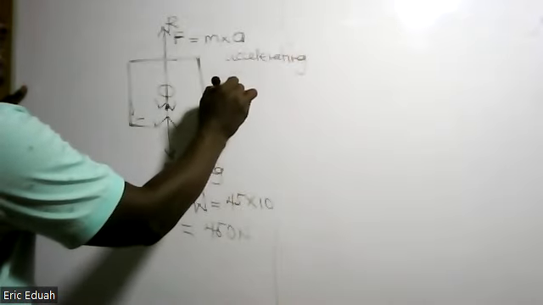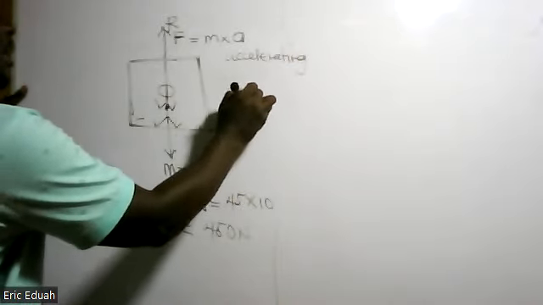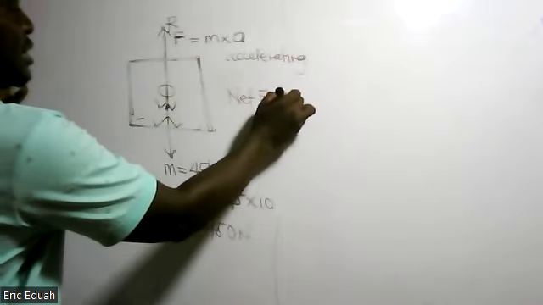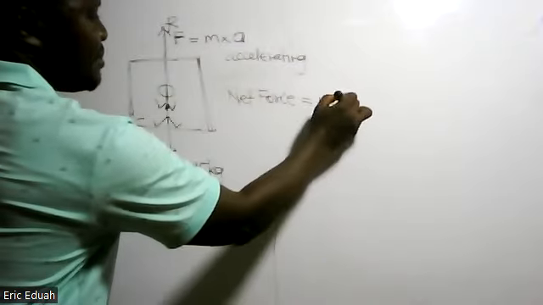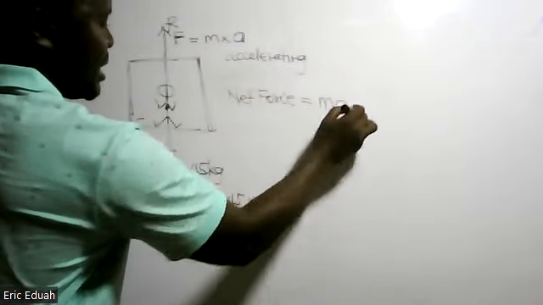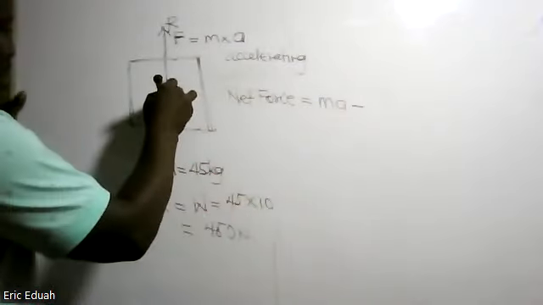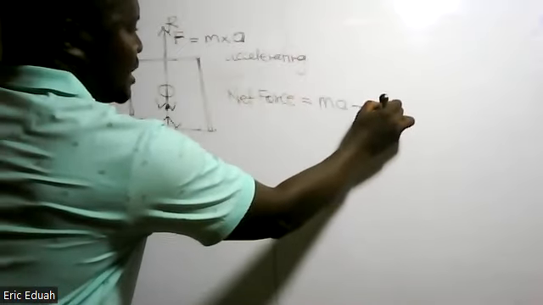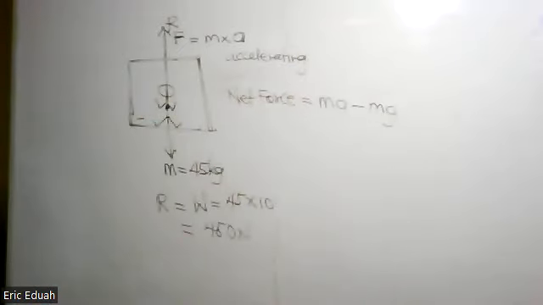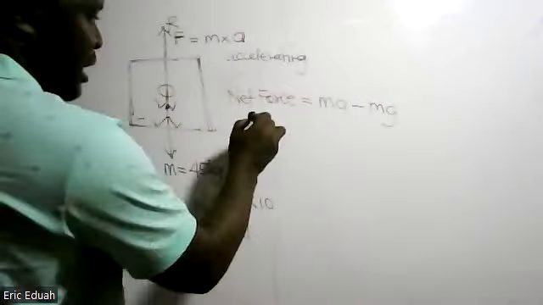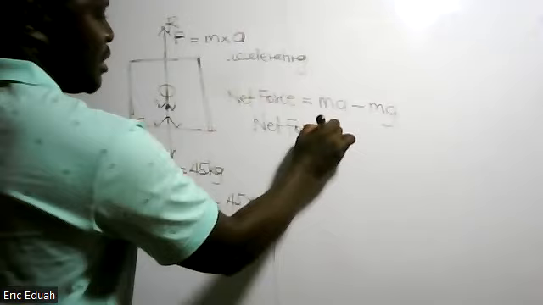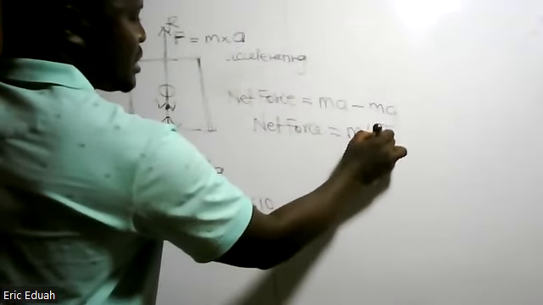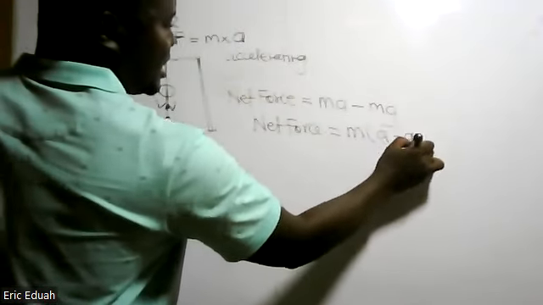In that case, the net force would be equal to M times A minus the weight, M times G. Therefore the net force will be given by M times (A minus G).